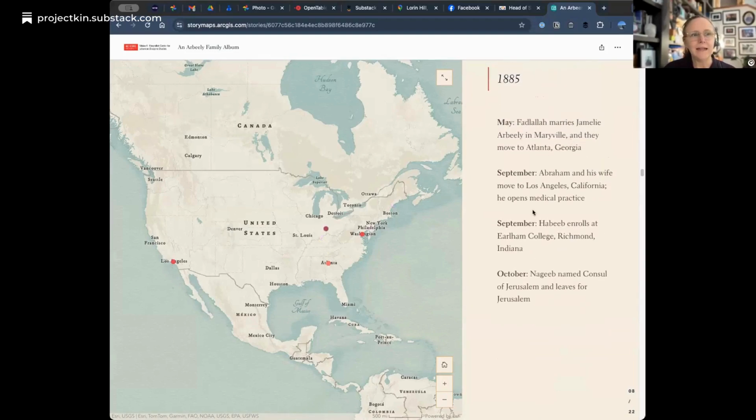I don't know exactly what year this picture was taken, but it appears to have been probably in the late 1870s. So sure enough, in the late 1870s, my great great grandfather was a student, one of the first of the class of Earlham College, a college set up for Quakers in Indiana.